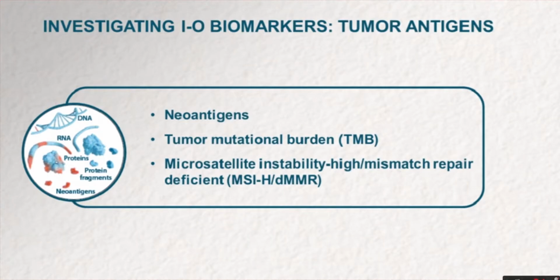We'll discuss what tumor mutational burden is and how it relates to neoantigens, and also microsatellite instability, this phenotype, and its role in immuno-oncology. As an aside, one should note that not all neoantigens come from mutated DNA, that some neoantigens may be from glycosylation or from post-translational modifications. Those can be more challenging to measure, and we won't really discuss those today.